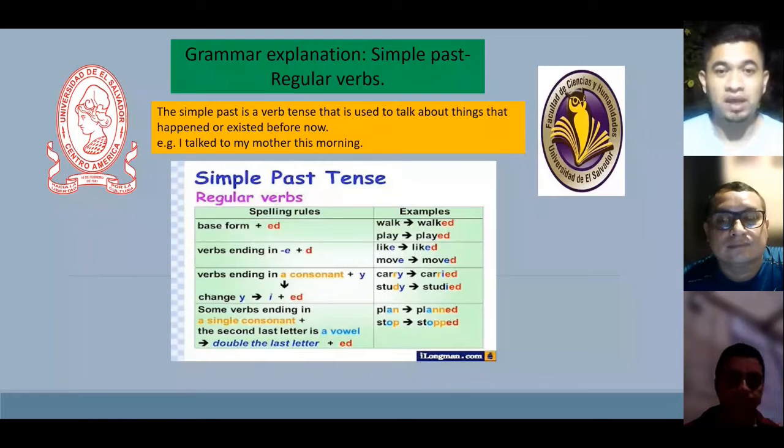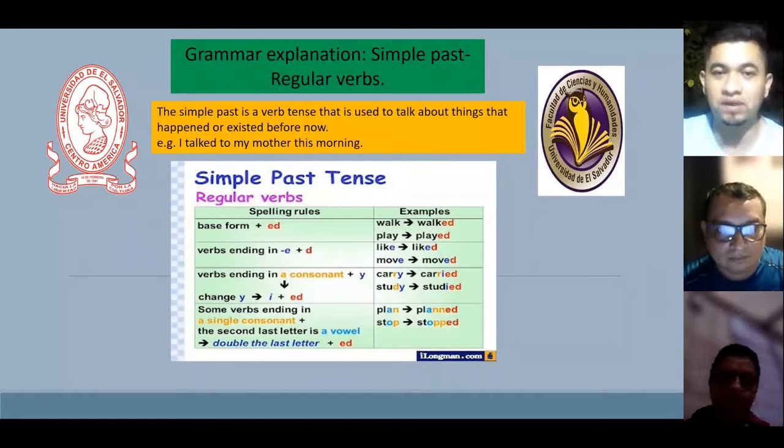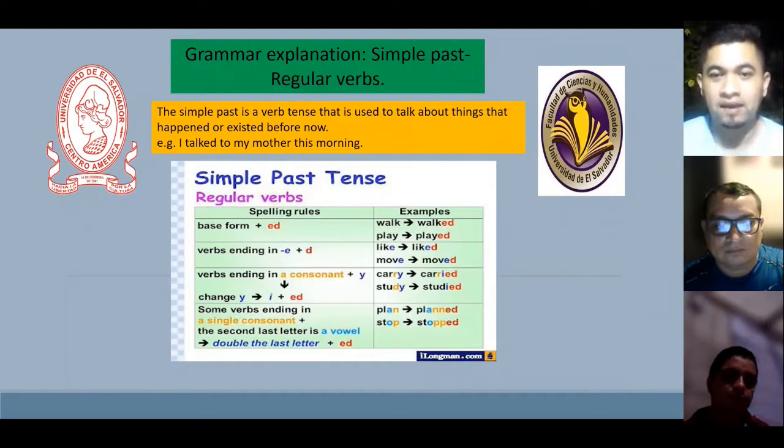And we have here some rules that you need to follow in order to change the basic form of the verb into a past form, right? The first one, you have to add -ed at the end of the base form. And we have here some examples.